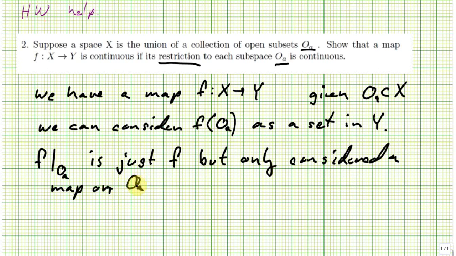What we mean by restricting the map to O is that since the map F applies to the whole space, it certainly applies to O, and we can consider it just as a map from O sub A into Y, i.e. F restricted to O sub A maps O sub A into Y.